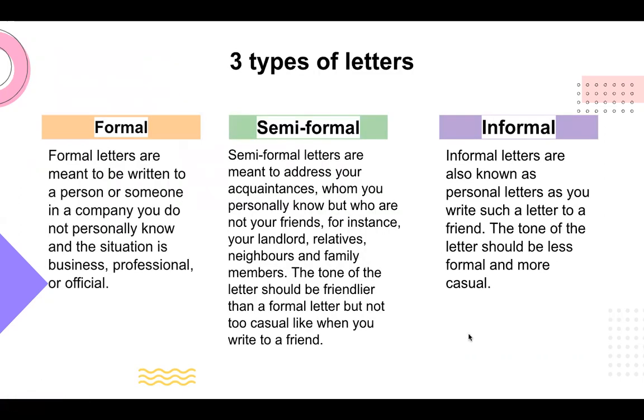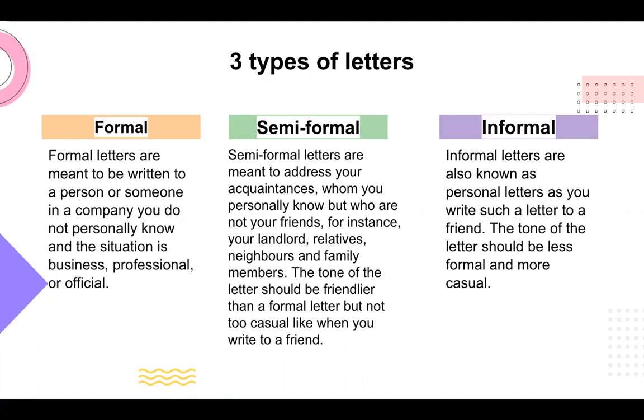Now let's look at the 3 types of letters that you are expected to know. The first one is a formal letter. It's very important you pay attention to what are these types of letters. When you're writing a formal letter, it is meant to be written to a person or someone in a company that you do not personally know. And the situation is business related, or it's a professional or an official business. So for example, if you're writing to an official in the government, then you're writing a formal letter.